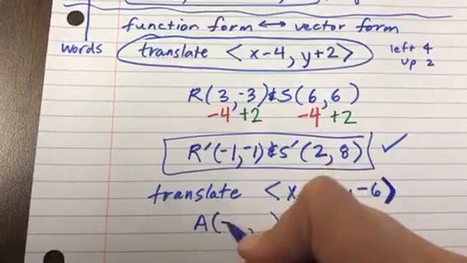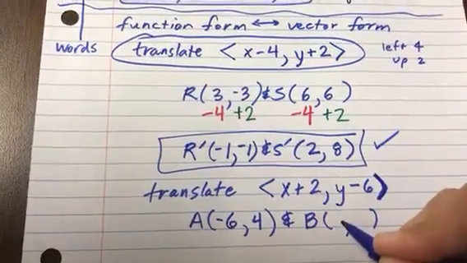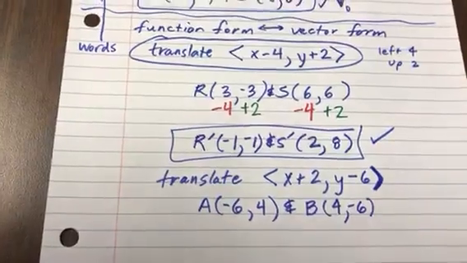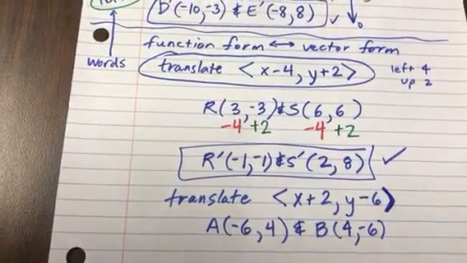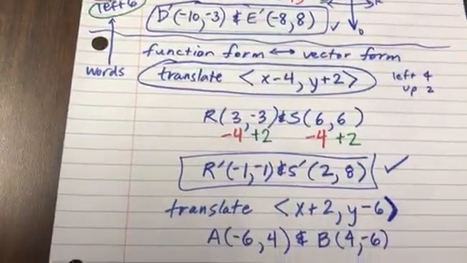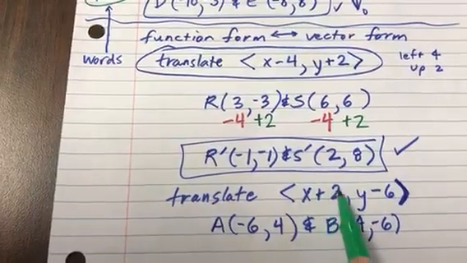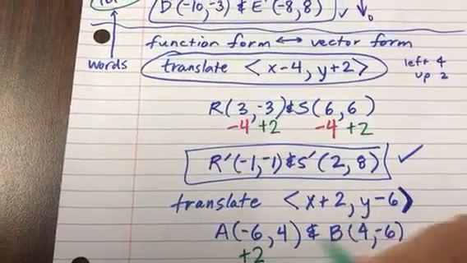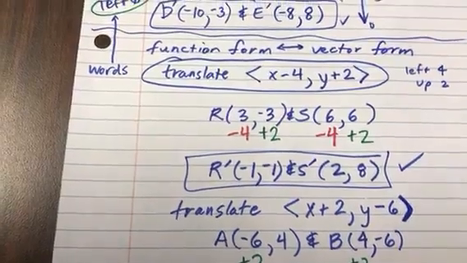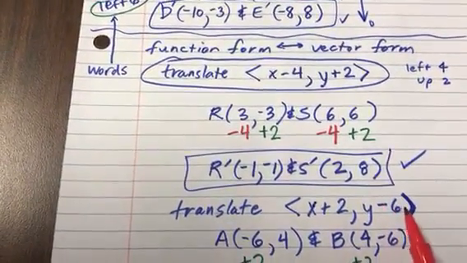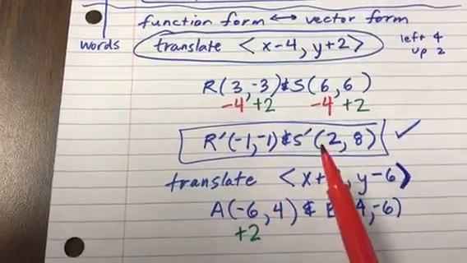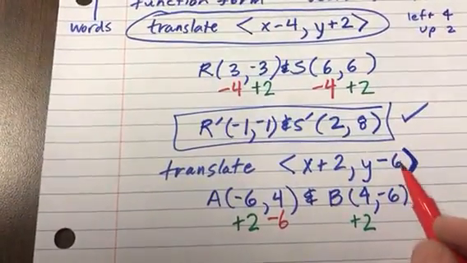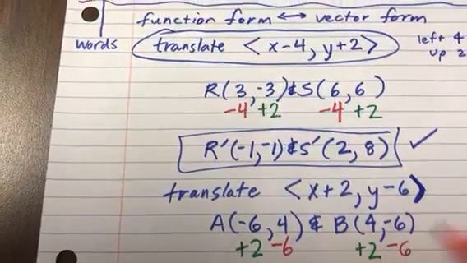So this is my pre-image. Let's say those are the coordinates, and I have to follow this translation rule. So I'm going to accept my orders. My orders are add 2 to any x value, so that's an x value, and that's an x value. Then subtract 6 from any y value. So minus 6, that's a y value, so I'm going to minus 6.